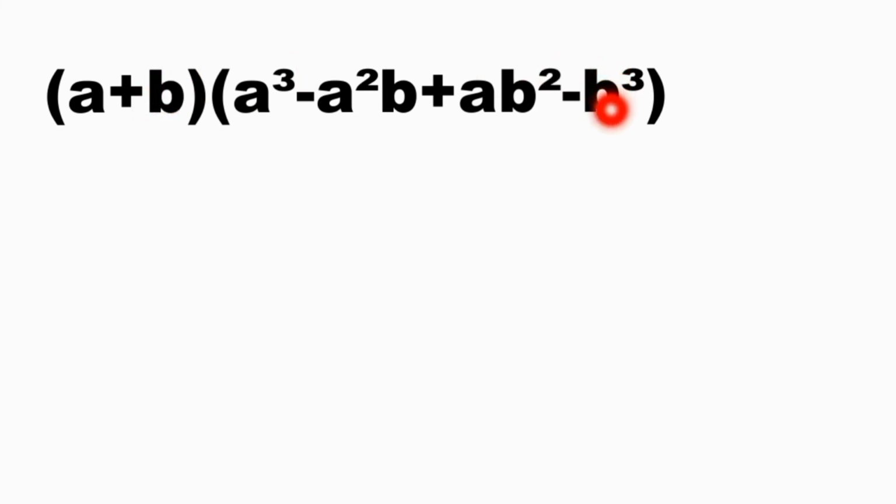So there's no such thing as a sum of two even powers as the product of multiplying a binomial a plus b. We cannot have that because the last term of the polynomial factor should be positive.